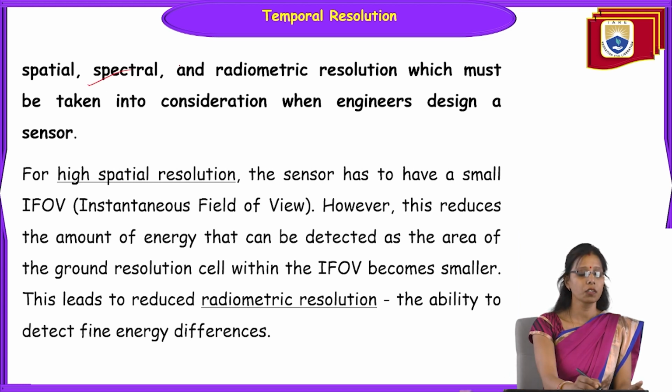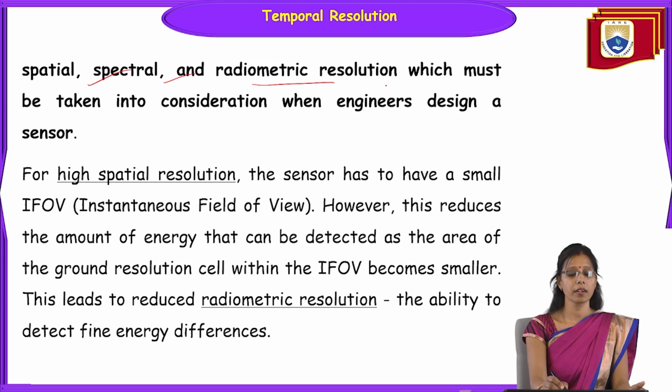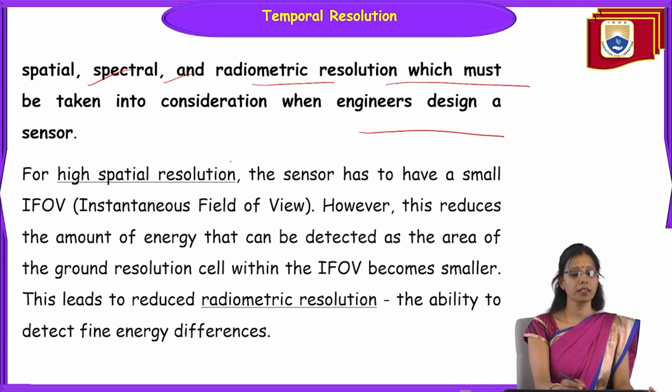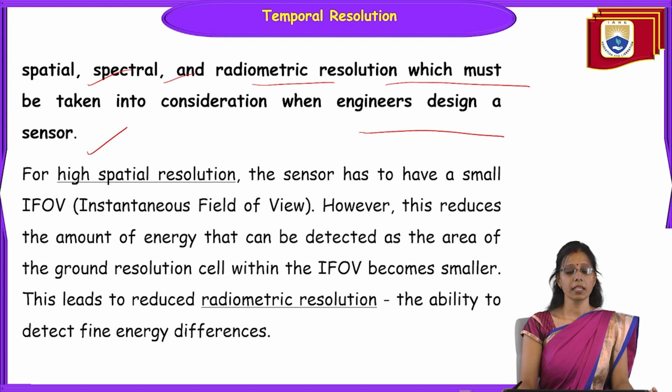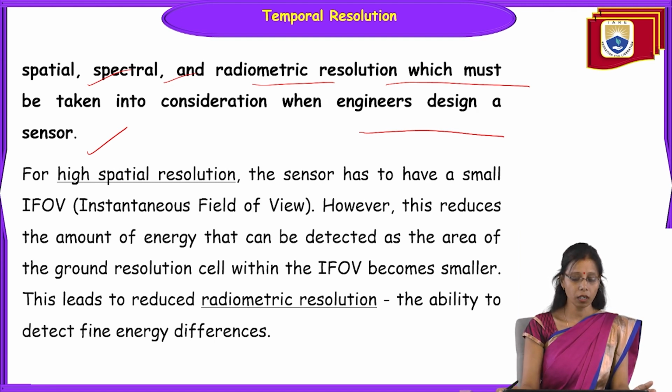Now, spatial, spectral and radiometric resolution must be taken into consideration when engineers design a sensor. If an engineer wants to design a sensor, they have to design it in such a way that it covers the spatial, spectral and radiometric resolution, and is able to capture all these resolutions at a higher level, right?